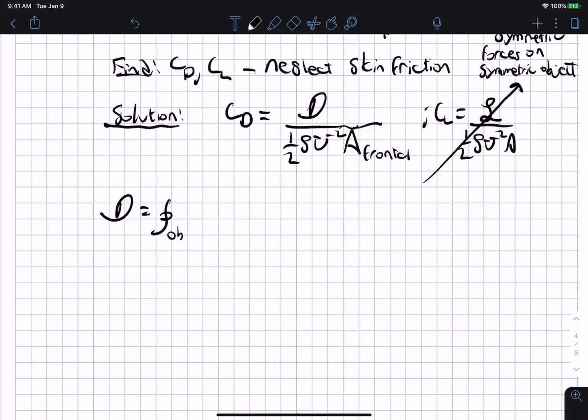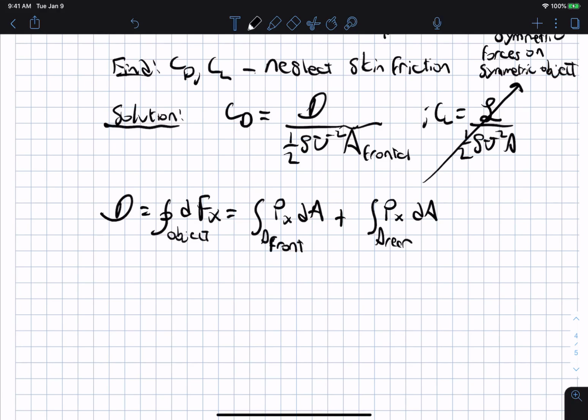over the object of the forces in the x direction, and that equals, well, we only have pressure, so that will equal the integral over the front portion of it, that is the tip of the cone, of the x component of the pressure forces, dA, and I'll define that later, plus the integral on the rear of the x component of the pressure forces times that differential area.